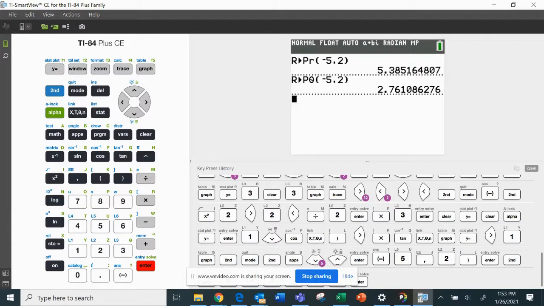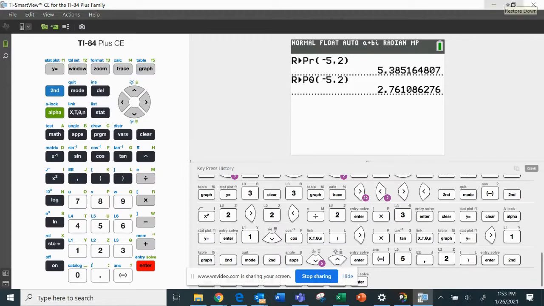Now, I'm pretty sure, I didn't double check it, but I'm pretty sure if you were in degree mode right now, it would tell you a different number for the angle. Pretty certain it would, but I haven't checked it. But that would be the 2.76. That's in radians.